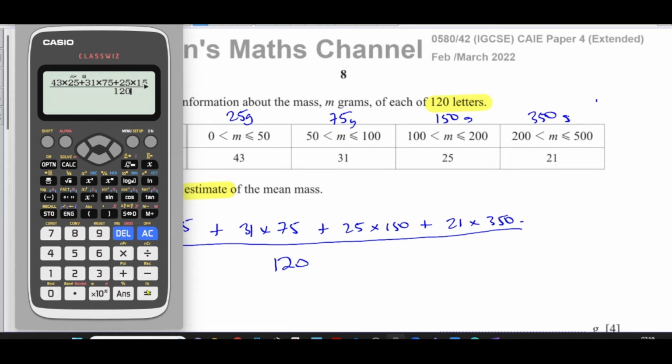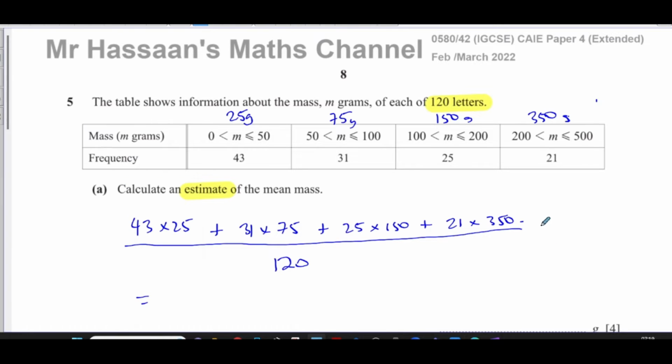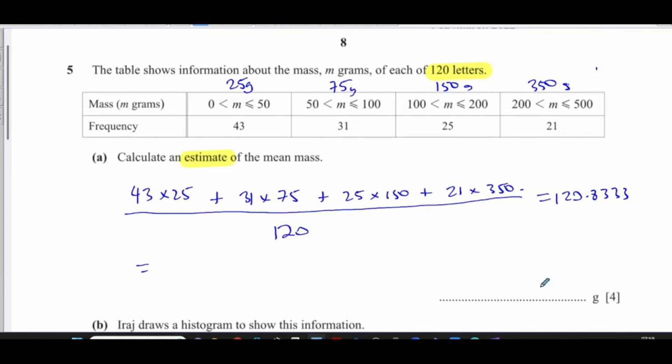That will give us the mean mass, which is 120.83 recurring, 120.8333. It doesn't tell us how to round, so 3 SF, that would be 121 grams.